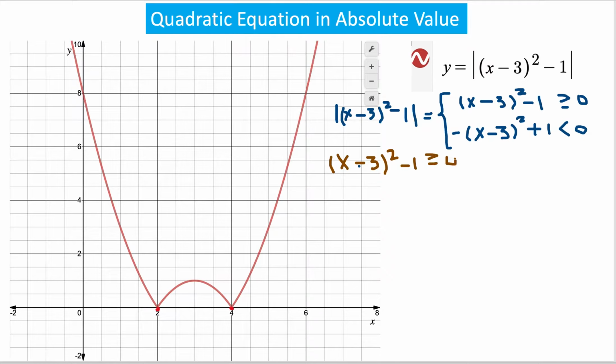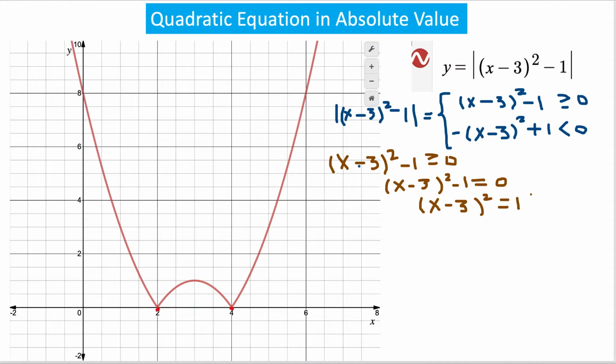In this case we equate it to 0 because we want to find the exact value, the zeros of the function. We don't have to use the inequality operator, but I'm using the sign as it is here. Minus 1 is equal to 0. Now I'm solving for x. Minus 1 goes to the other side and becomes positive, and we have x minus 3 squared is equal to 1.